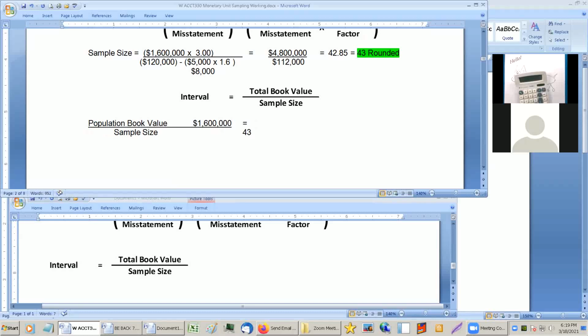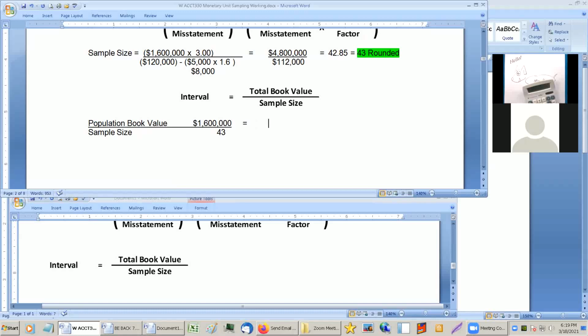That would equal 37,209.3023. So we could leave it at 37,209, probably, but divided by 43. Yeah, so that would be the interval that you'd have.